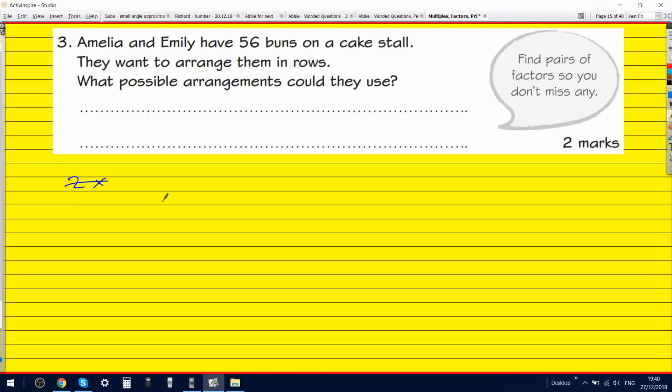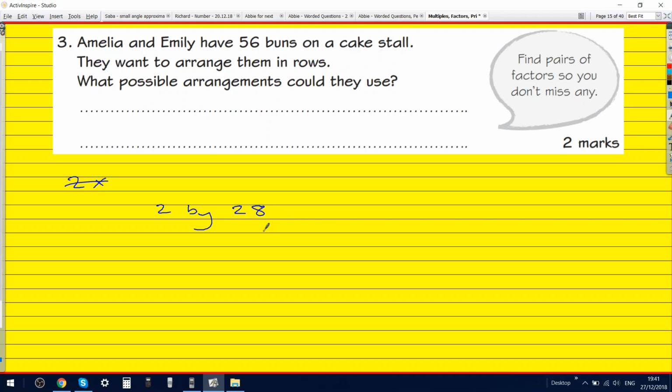Well, 56 divided by 2 is... I think it's 28.